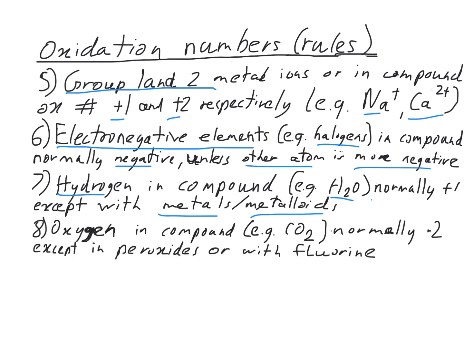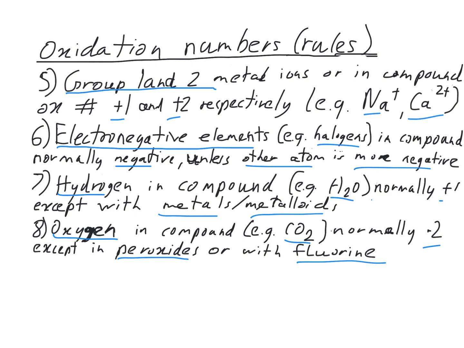And our last rule, also of equal importance, is the oxygen rule. Normally oxygen, when you see it in a compound, such as CO2, is -2. The only exceptions to this are when you find it in peroxides or when you find it bound to fluorine, because fluorine is a little bit more electronegative.